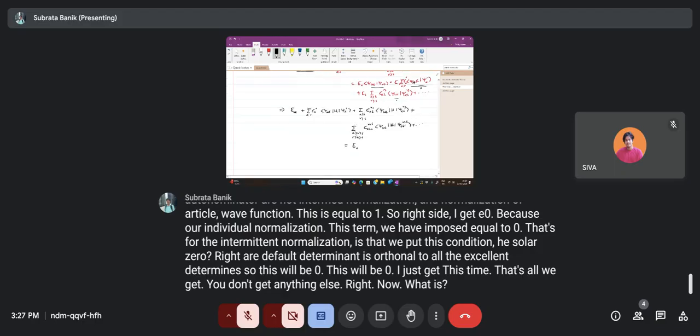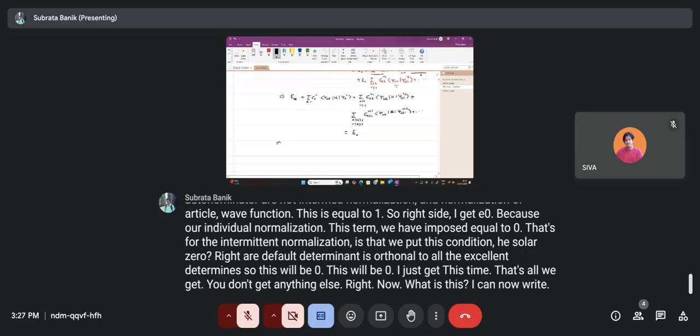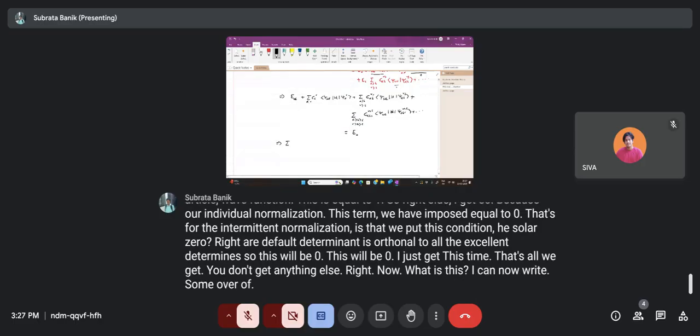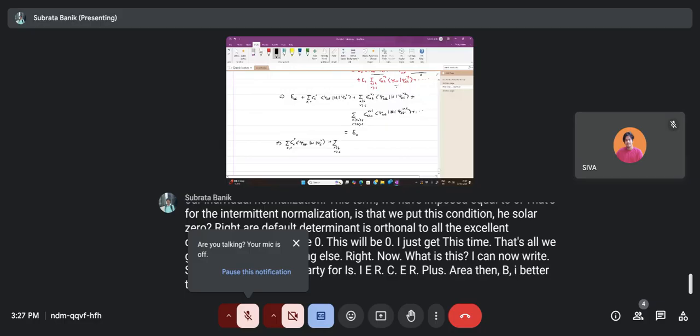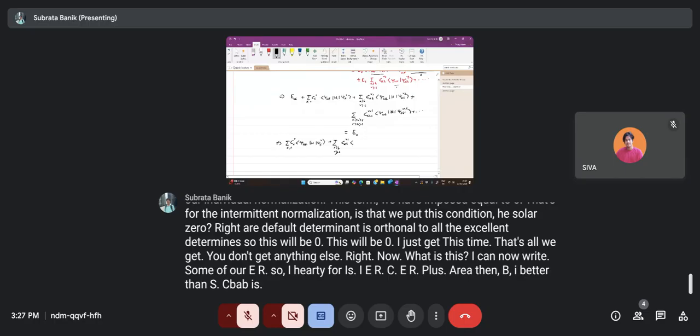Now, what is this? I can now write the sum over a, r of psi Hartree-Fock H psi_a^r c_a^r plus the sum over a greater than b, r greater than s of c_ab^rs, psi Hartree-Fock H psi_ab^rs.